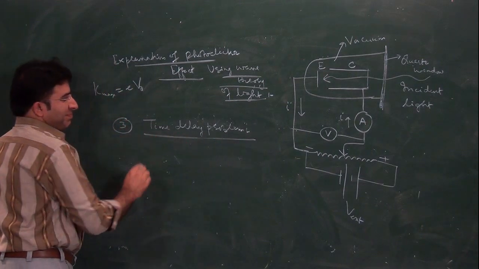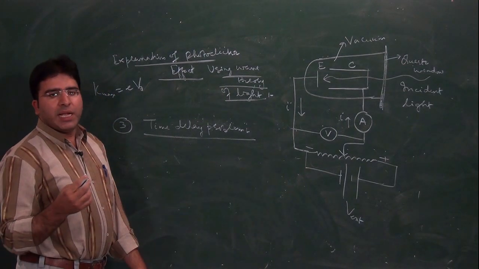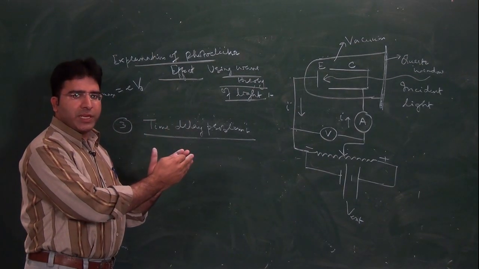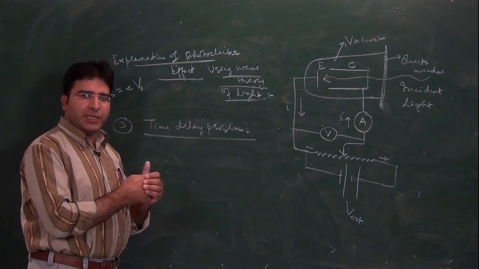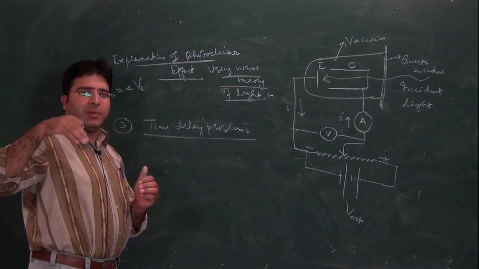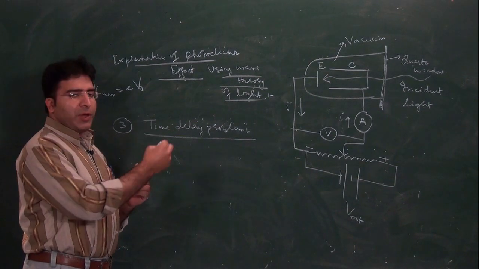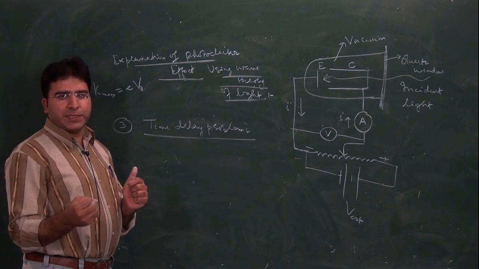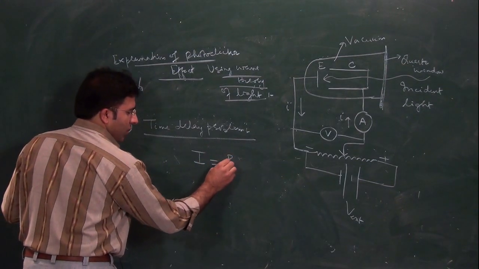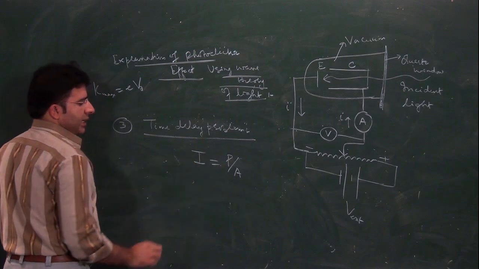What is that? In wave theory we say energy is uniformly distributed over the wave front. When the wave strikes the metal surface, some portion of the wave front will strike the metal surface. Accordingly, the electron available in that zone has to soak up the energy from the wave front in order to escape the metal surface. Now, when we write intensity as power per unit area, P represents power, A is area.